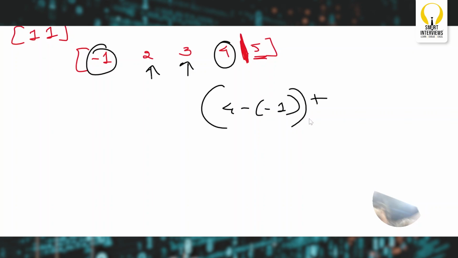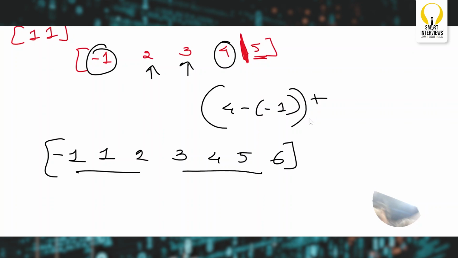Now, from this observation, what can we understand? If we have an array like -1, 2, 3, 4 and 5, this entire array can be seen this way. At least my maximum value will be 5, so this 5 will always be there.